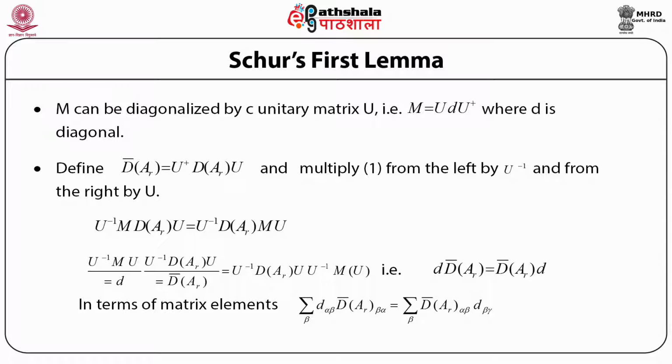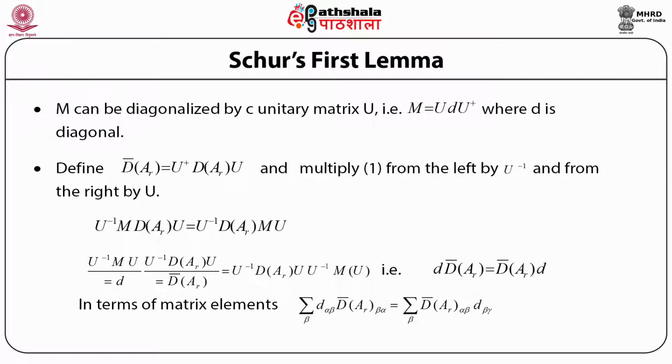When we do that, the left hand side is U inverse M D(A_R) U, which can also be written as U inverse M by introducing U U dagger between the matrices M and D. It can be written as U inverse M U times U inverse D(A_R) U. And now U inverse M U is D, that is the diagonal matrix D. And U inverse D(A_R) U is equal to U dagger D(A_R) U, which is D bar.